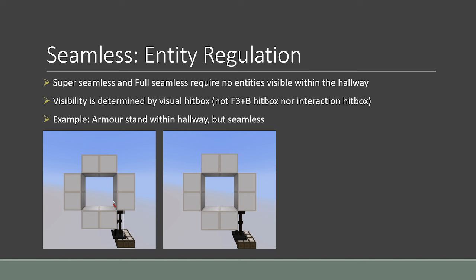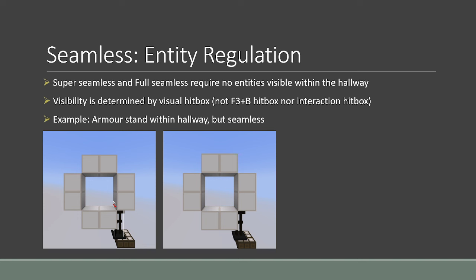There are some doors that have an armor stand within the hallway, and the left image shows the FreeB hitbox, which obviously is within the hallway space. But we are not concerned with the FreeB hitbox. We are only concerned with the visual hitbox, which we see on the right image, where none of the armor stand's visual hitbox can be seen inside the hallway space.